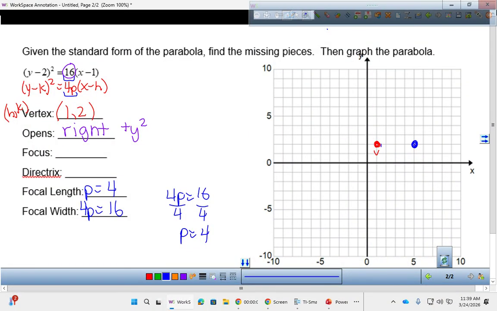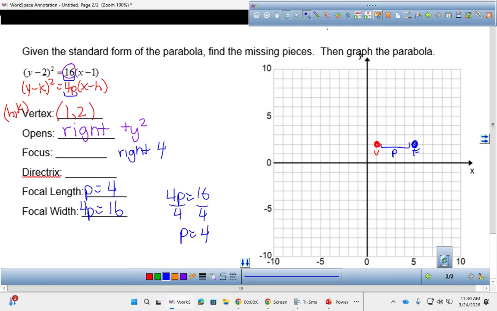This distance from here to here is my P value, which is 4. Going the same direction that the graph opens, that P value is going to land you at what's called the focus. And that's going to be a coordinate point. The coordinate point here is at 5 on the x and 2 on the y. So I'm going to call this 5, 2.